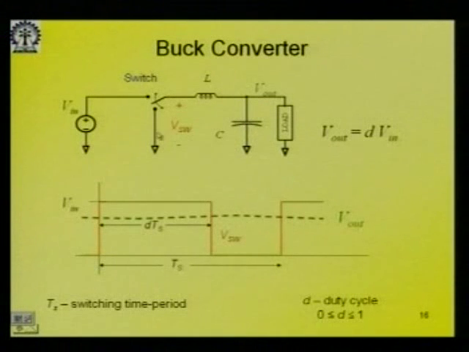For that we can do a very simple calculation. Inductors are very interesting devices: the voltage across the inductor is L times di/dt. N times i is the flux, so L di will be equal to V times dt.